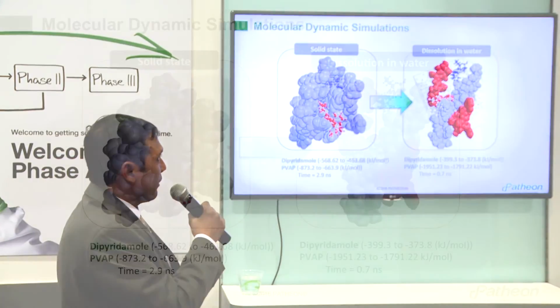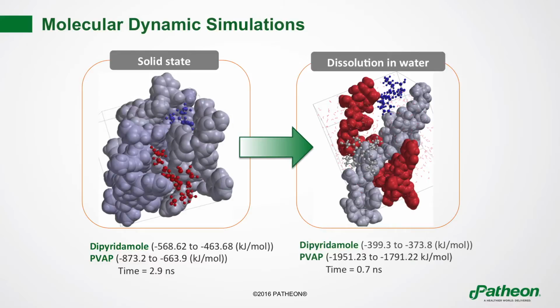We do molecular dynamics simulations. Matt will go into details shortly. Now what I'm showing you here is solid state molecular dynamic simulations of dipyridamole and polyvinyl acetate phthalate. That's an enteric polymer. You're looking at the space filling, the gray blob that you see, that's the polymer, and the blue and the red are the active dipyridamole molecules.